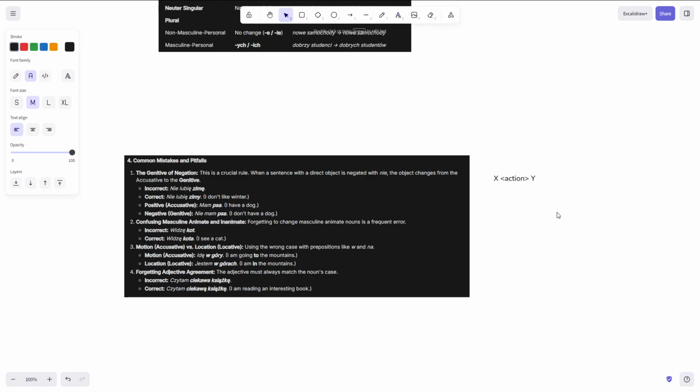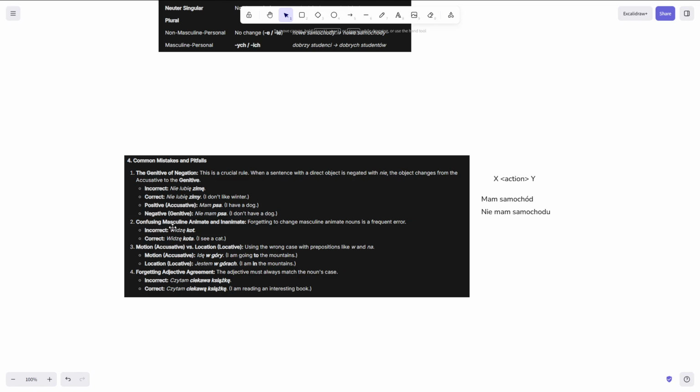For example, mam samochód, which means I have a car. If we were to negate this sentence, we would have to say nie mam samochodu. Ooh, so the ending changes, okay? So you have to know this rule. For positive sentences, Y is accusative. For negative, Y is genitive. Okay?